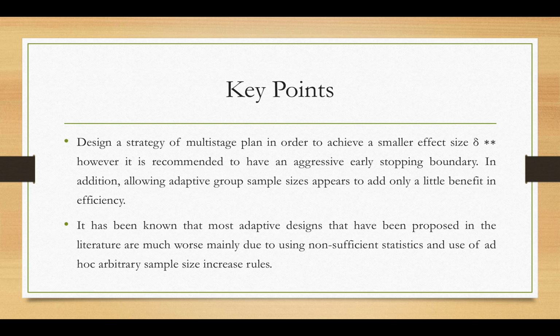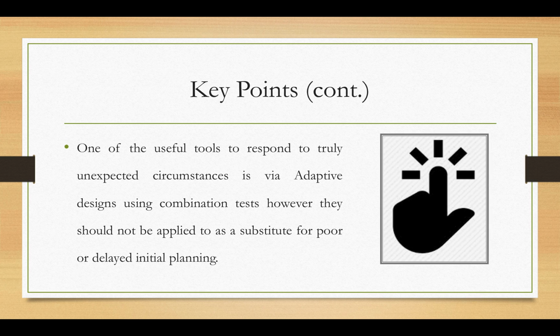Second one is that it has been known that most adaptive designs that have been proposed in the literature are much worse, mainly due to using non-sufficient statistics and use of ad hoc arbitrary sample size increase rules.